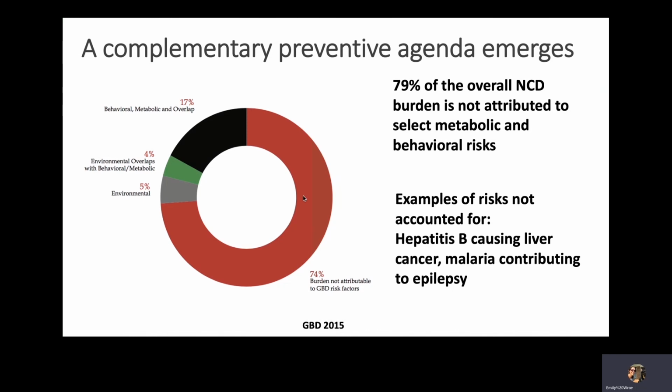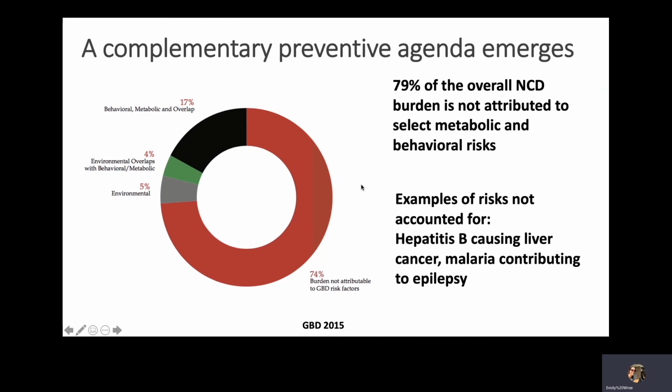This is the hardest one for a lot of people to understand because the dialogue about NCDs is that they're caused by lifestyle risk factors like being overweight or eating a lot of salt. But the data actually doesn't support that at all. And a lot of the risks that aren't accounted for are things like hepatitis B causing liver cancer, or HPV causing cervical cancer, or malaria or birth asphyxia contributing to the burden of epilepsy.